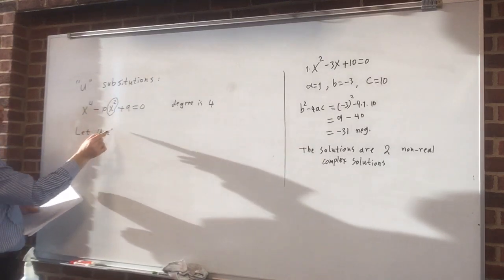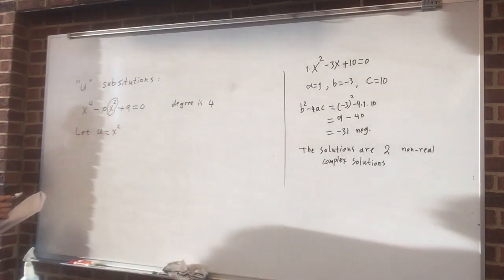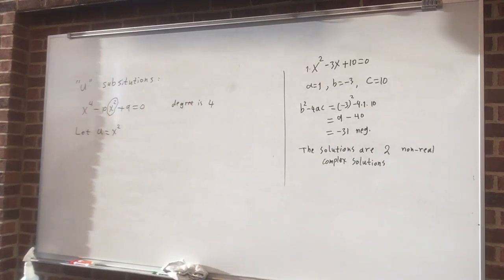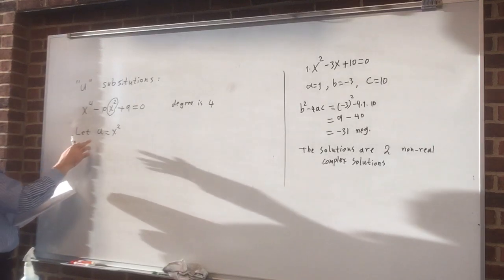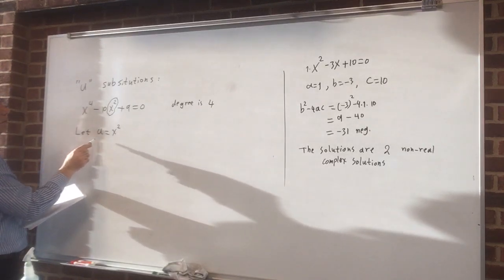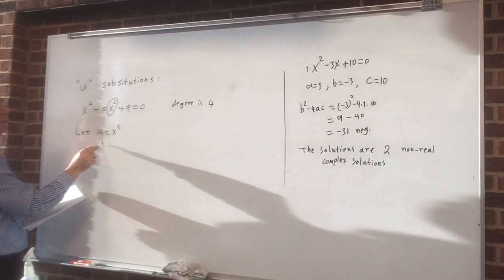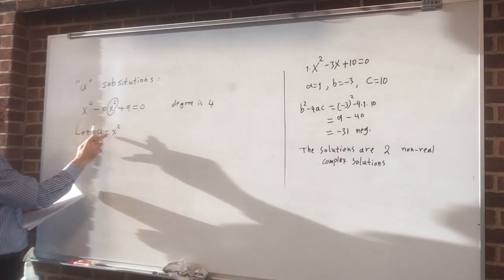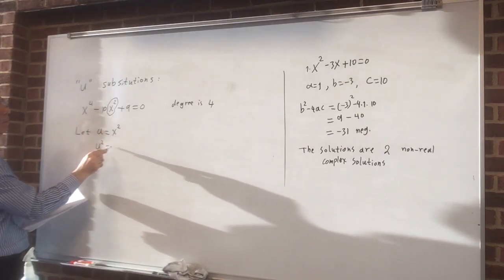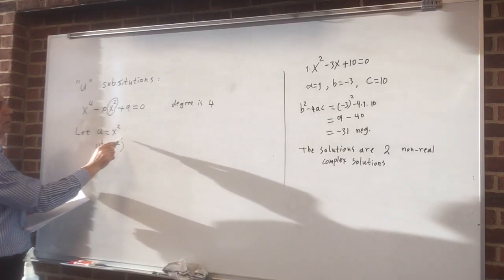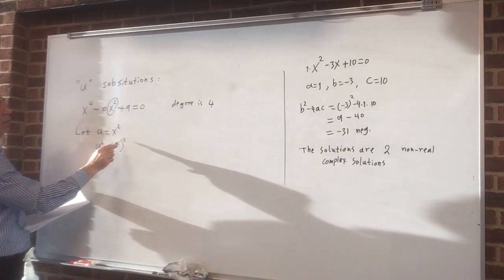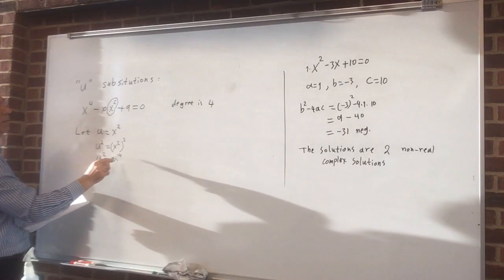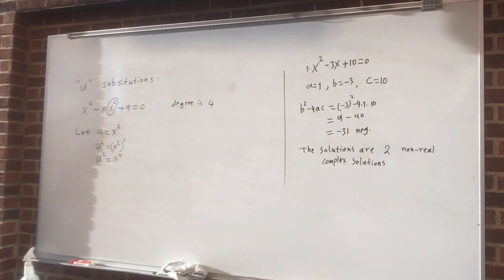So if we let u equal x squared, then to find u squared, raise both sides of this equation to the power 2. So we get u squared equals, by the power to a power rule, we multiply the exponents: 2 times 2 is 4.